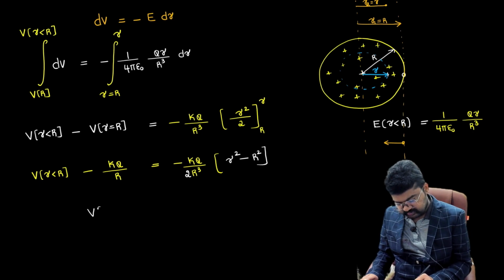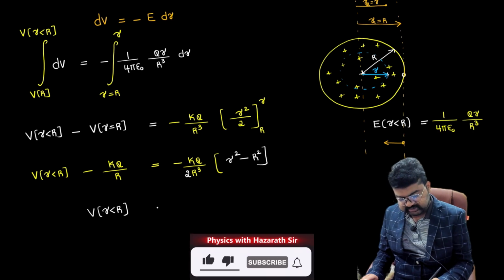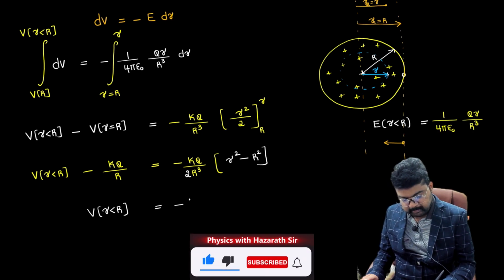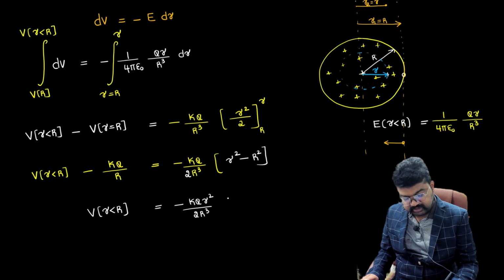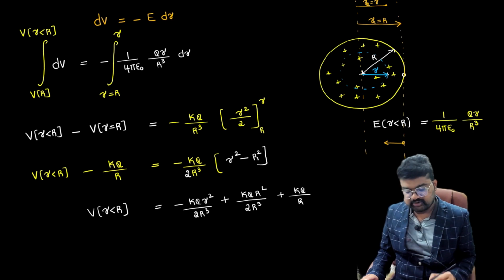V of r less than R is equal to minus kQ times r square by 2 times R cube, plus kQ times R square by 2 times R cube, plus kQ by capital R.